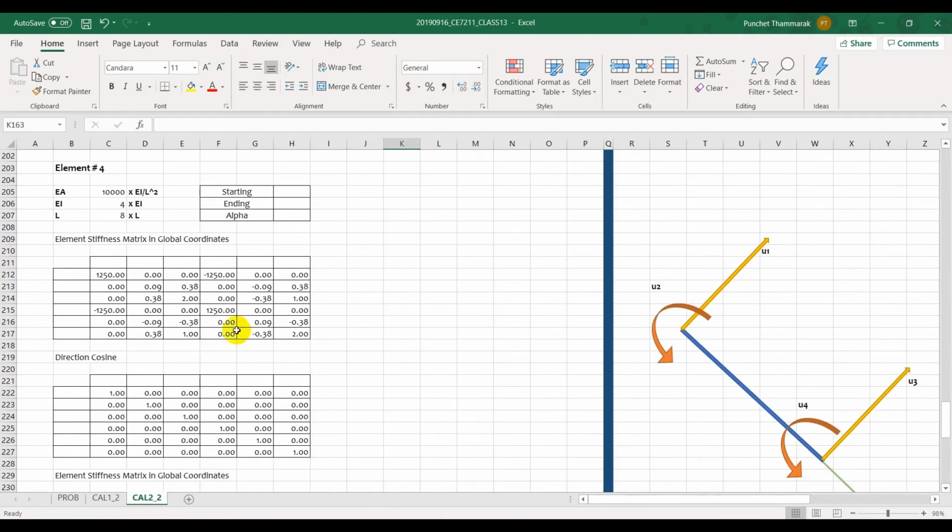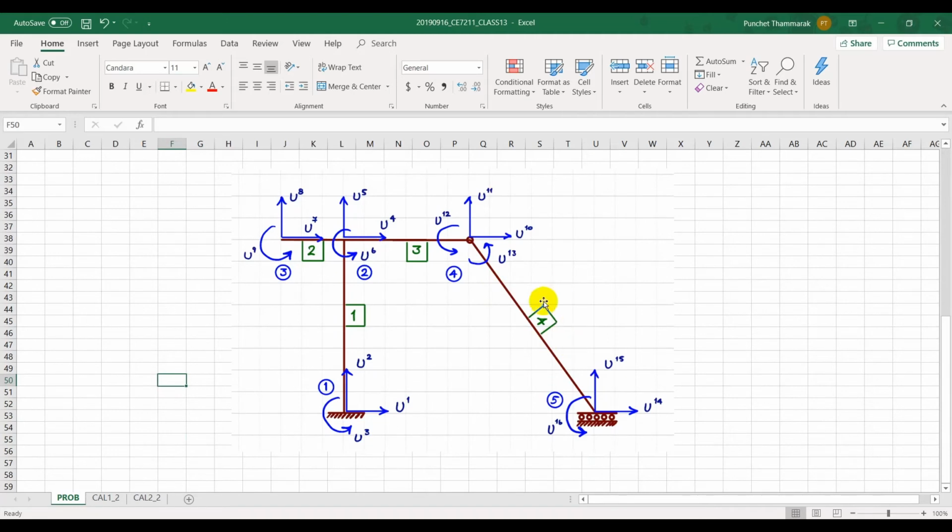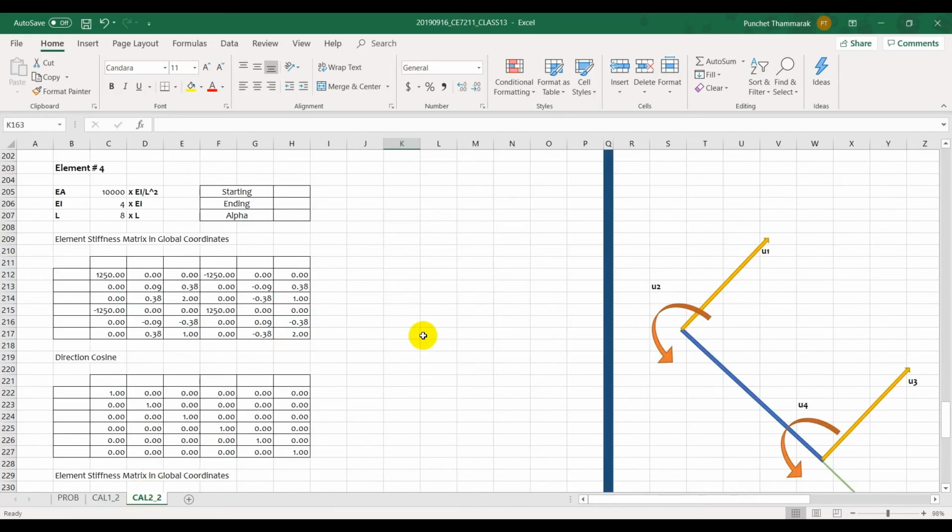Now, element number 4. We move forward to element number 4, and I'm going to set up the starting node being number 4 and the ending node number 5. Element 4 involves the degrees of freedom 10, 11, 13. Okay, so let me put this 4 and 5.